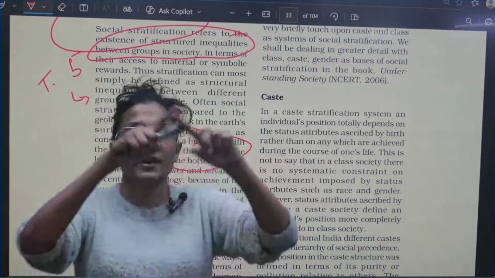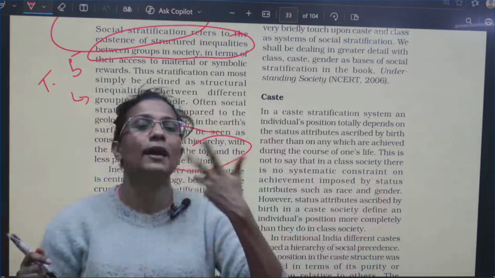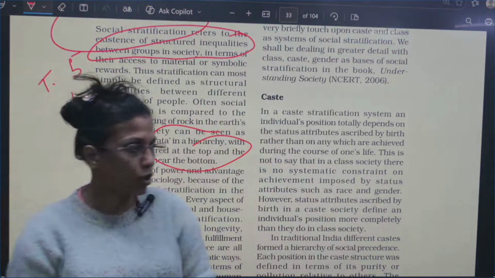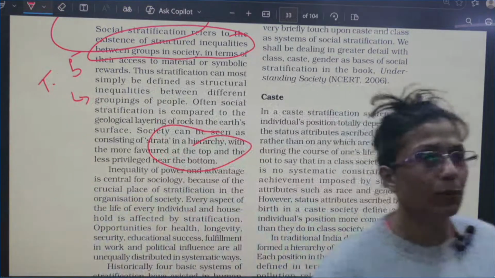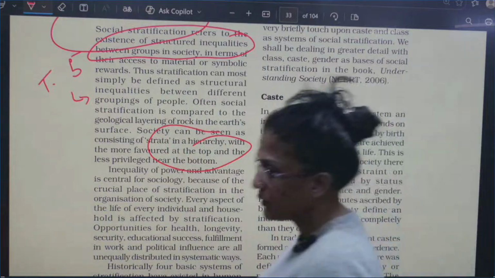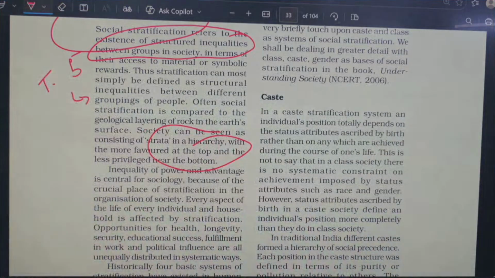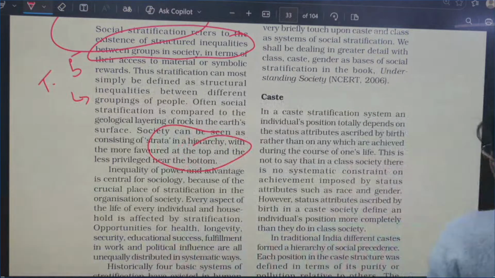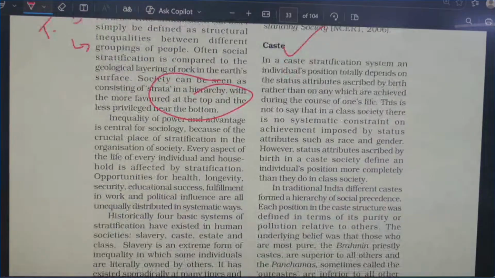Wherever we divide social groupings on some ideology, it is social stratification. Please write this down quickly. I will give you a break in 10 minutes. Let me just cover it in 10 to 20 minutes. So caste is a form of social stratification. You people are going to read on your own.